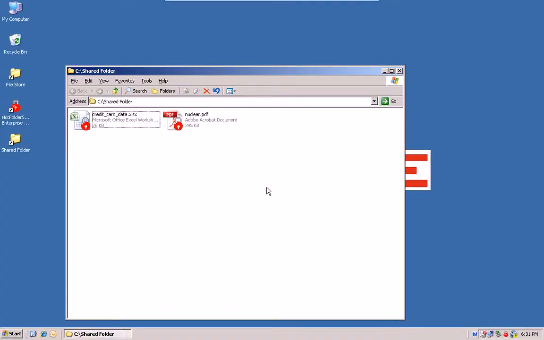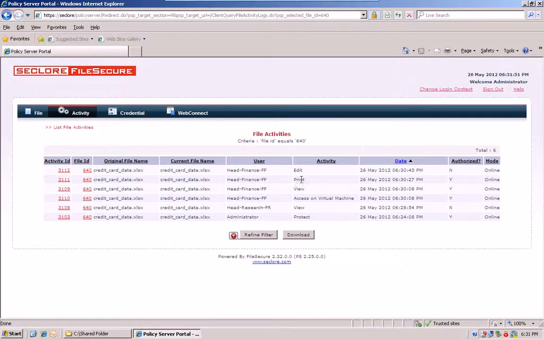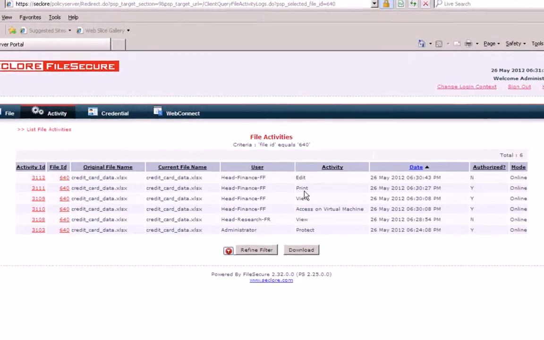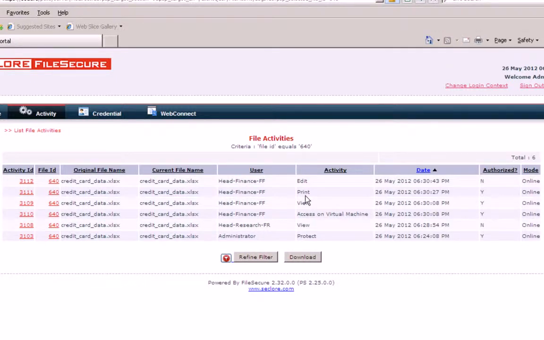One other important feature of the IRM technology is the monitoring of the system, where all activities are monitored. As you can see, for the credit card data document, different people did different actions on the document. For example, the head of the research department tried to view the document, however his viewing was restricted.